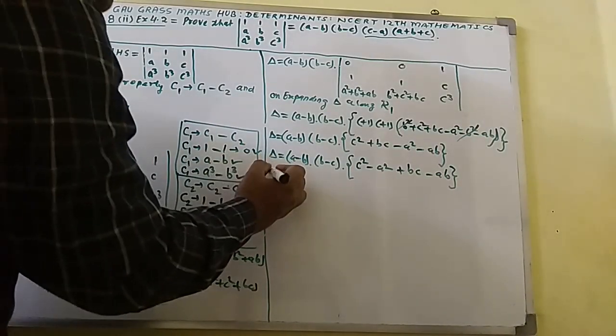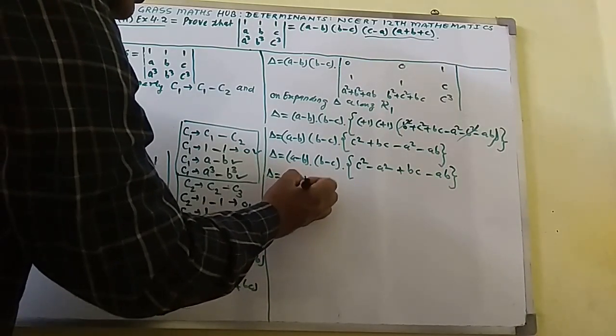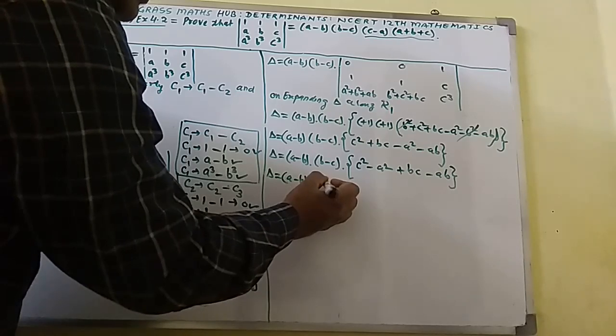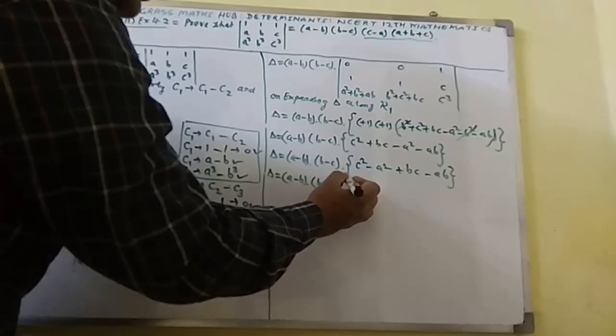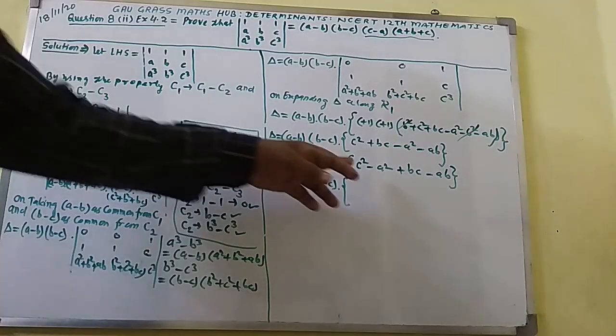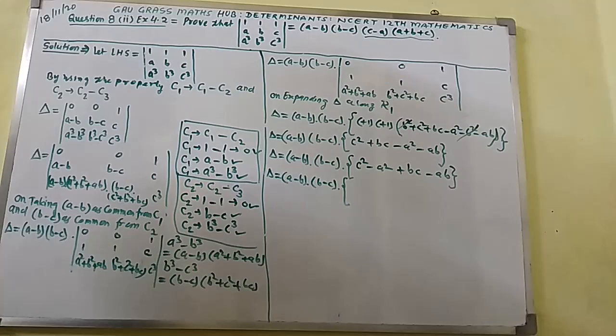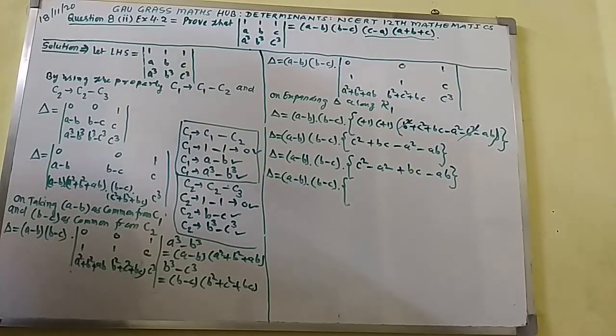So here I shall write that equal to a minus b dot b minus c. Opening of curly bracket I shall do here. Here you can see c square minus a square is there. So here formula is there. A square minus b square equal to a plus b, a minus b. Same formula I shall leave here.